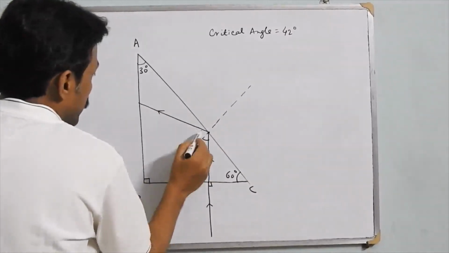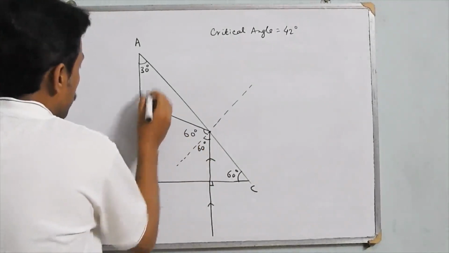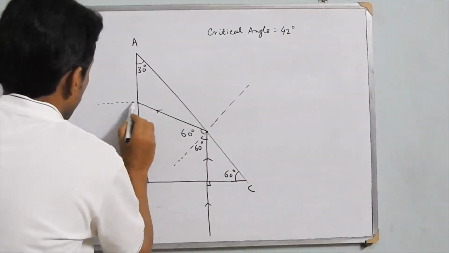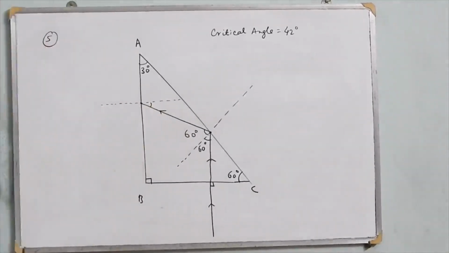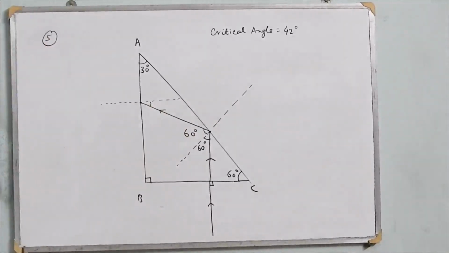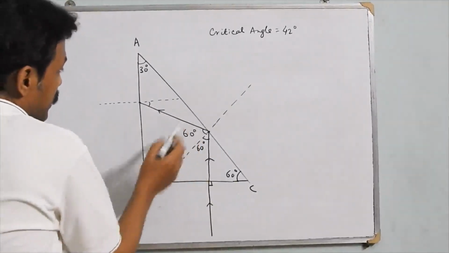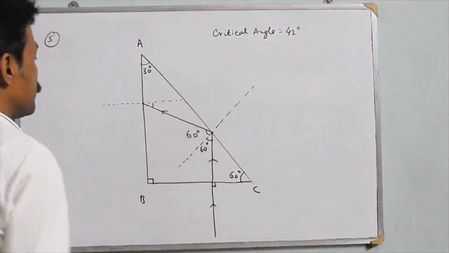This is the reflected ray that will make the same angle 60 degree. Now at this point of incidence on the surface AB, we will draw another perpendicular or normal and we have to find this angle. So if you see, this angle is 60 degree. This angle is 30 degree.